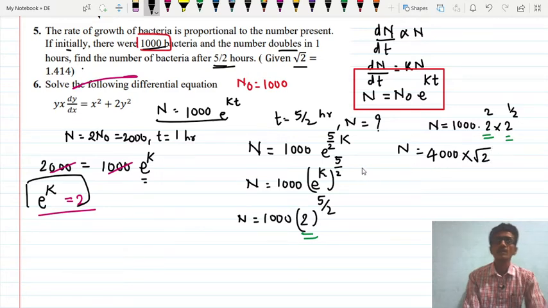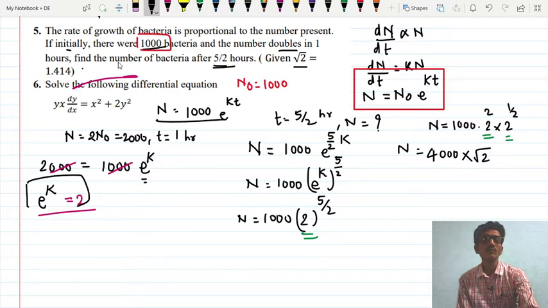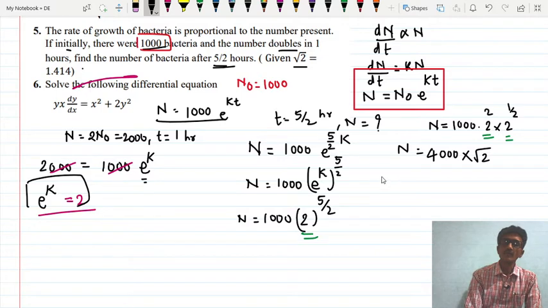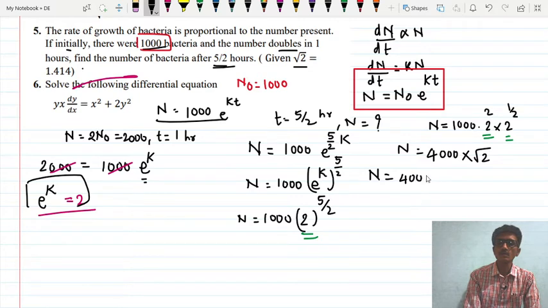root 2, but we have been given the value of root 2 as 1.414. So we substitute that value and we will get the number of bacteria N is equal to 4000 into 1.414.